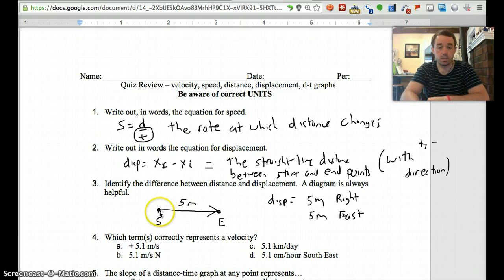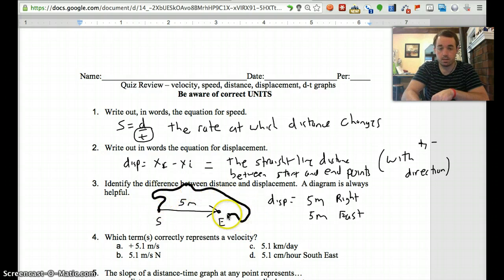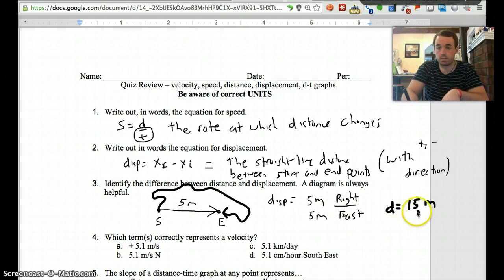And distance, thicker line here: you can take a bunch of different paths and still end up at the same spot. So our distance might be, in that one, about 15 meters. Displacement has direction, distance does not. Okay, so that's pretty good.